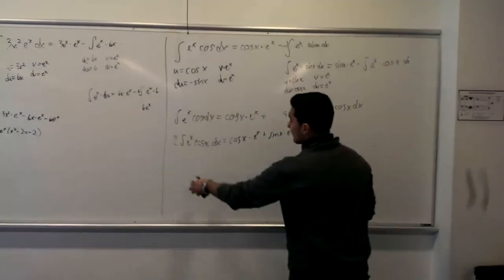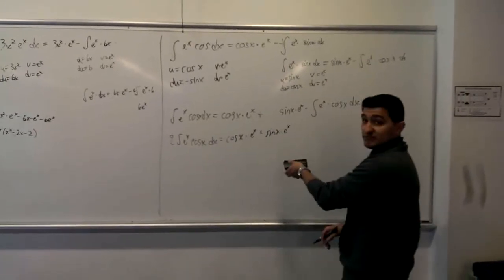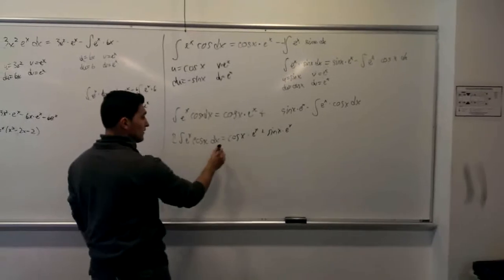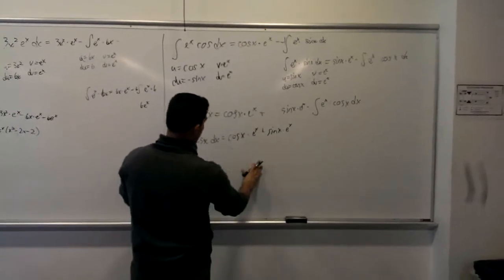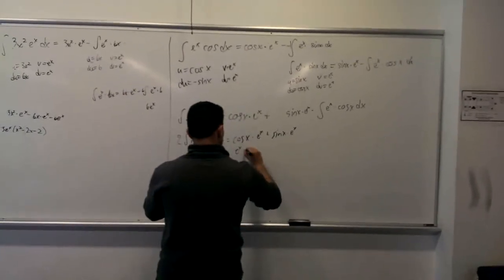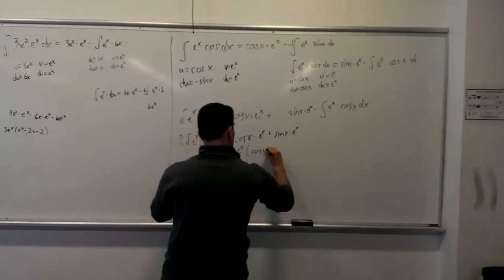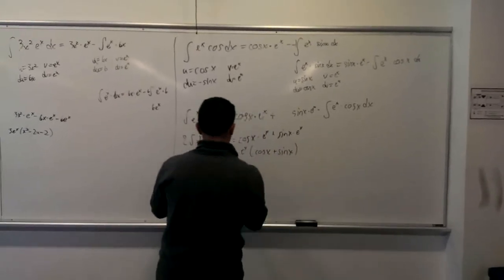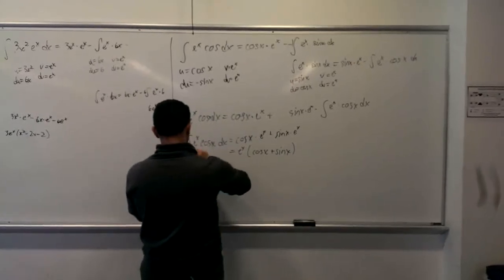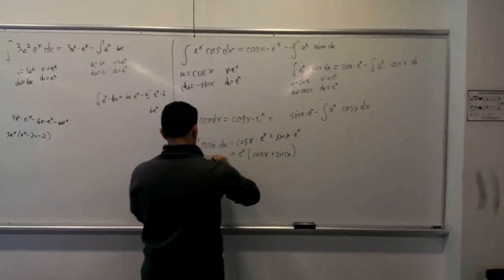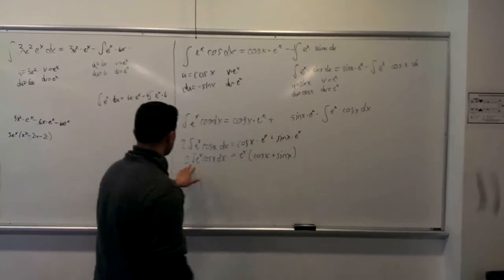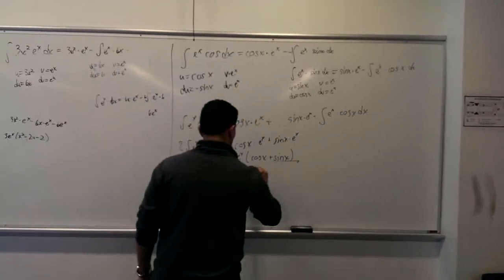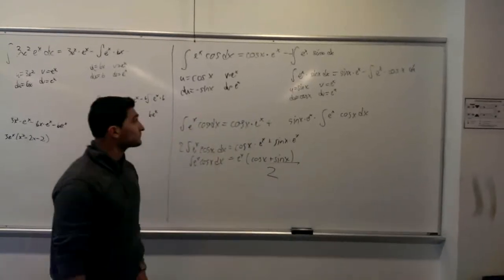Now that you have the integral on one side, you can simplify it. You get e to the x times cosine of x plus sine of x equals 2 times the integral of e^x cosine x dx. But let's get rid of this 2. Divide both sides by 2, and this is your answer.